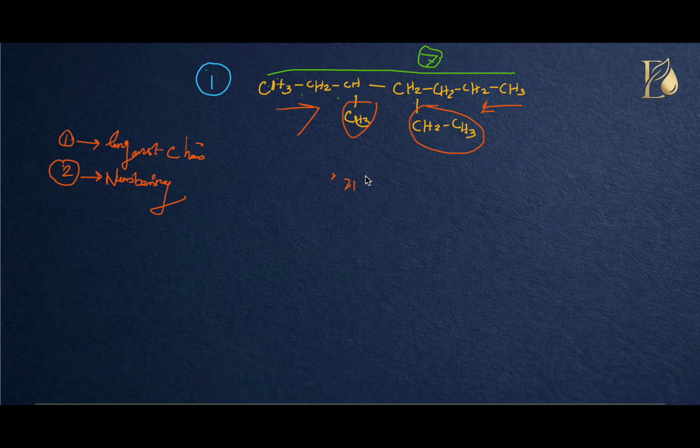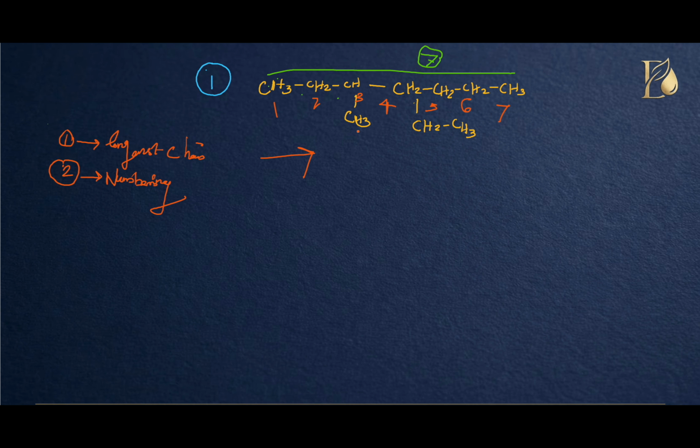We can check the numberings from left to right and right to left. If we are numbering from left to right, what are the numbers that we will get for these substituents? This is 1 2 3 4 5 6 7.